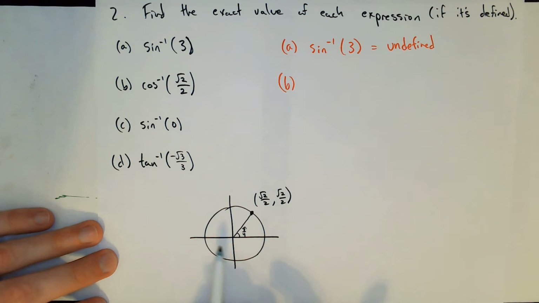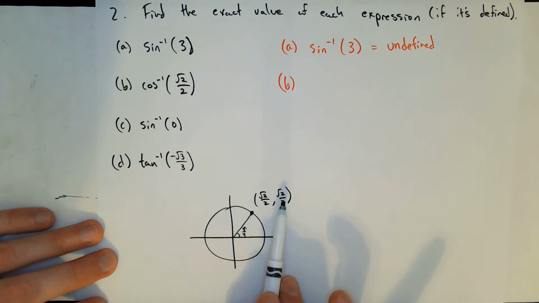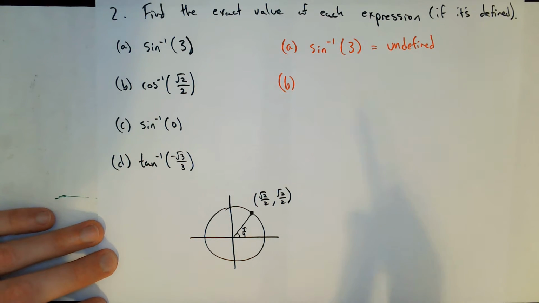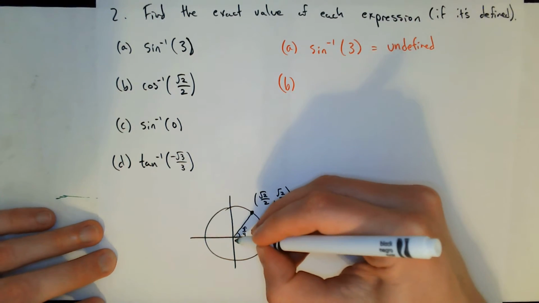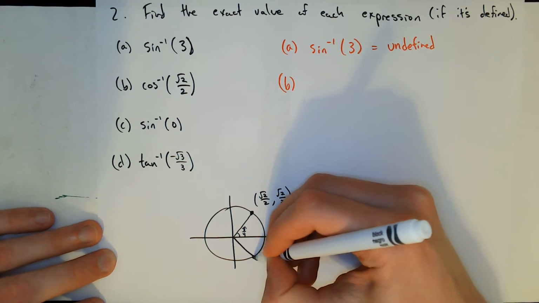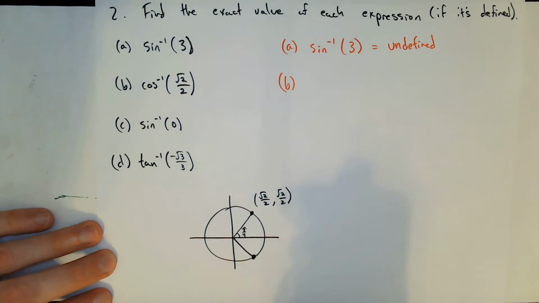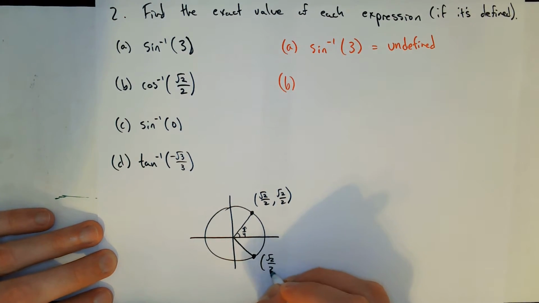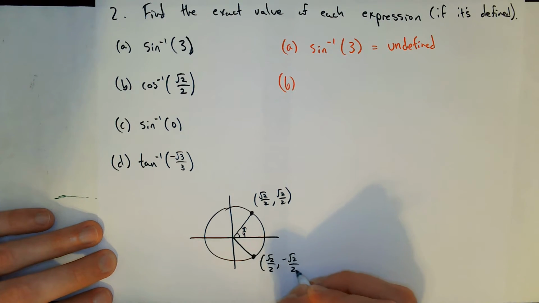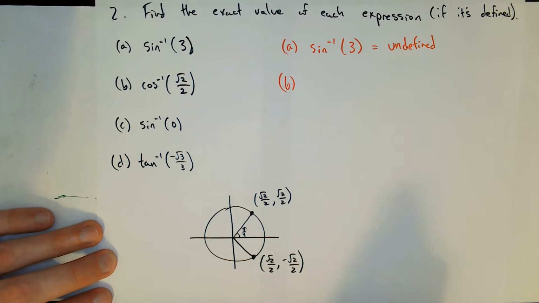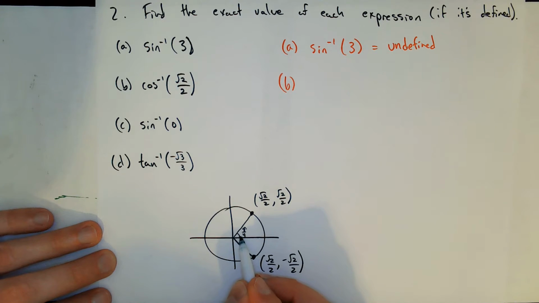For pi on 4 angles, the outputs of sine and cosine are always matching, though they might be off by a sign, right? But there's another one that yields a positive square root of 2 over 2 for that x-coordinate down here, and then for the output of sine, it's negative. And that angle is all the way down here at 7 pi over 4.